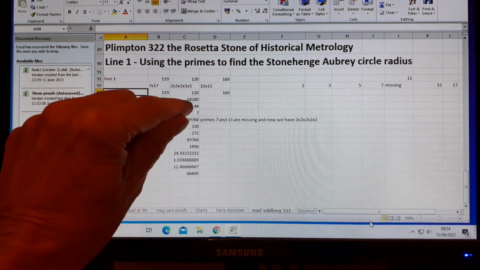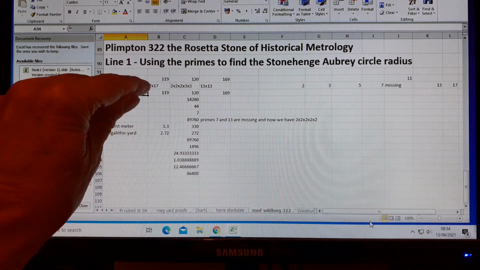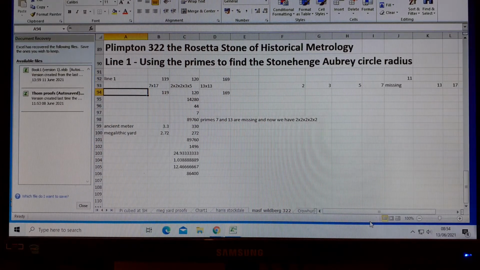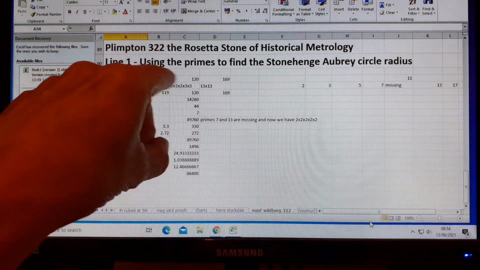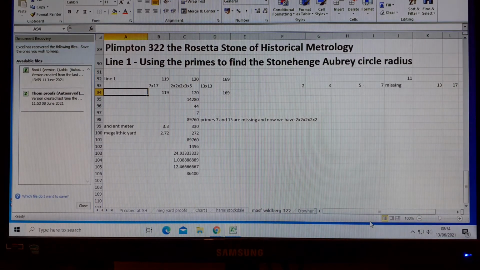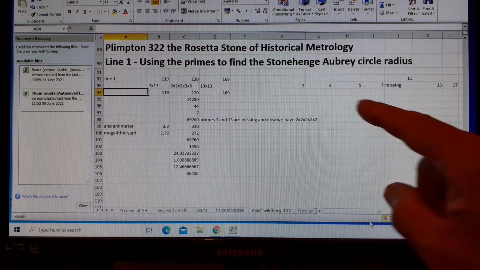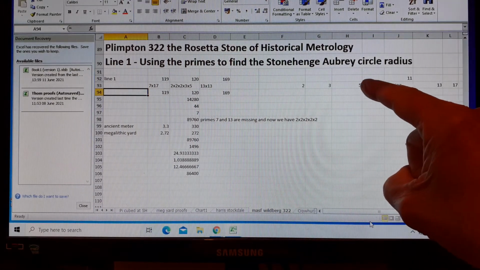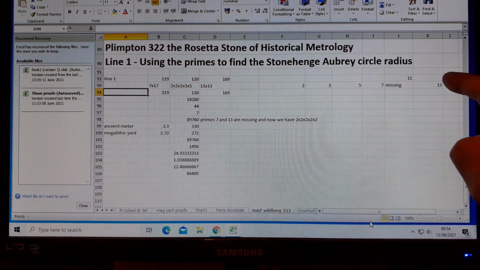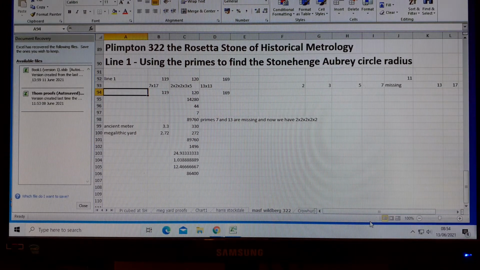And we're going to think about what's happening when we do this, because when we multiply this number by 44/7, we're getting rid of that prime number there. Number 7 is gone. And prime 13 is not included in the analysis because we're only multiplying these two numbers together. So when the Aubrey Circle is put together, we're getting these primes 2, 3, 5, 11 and 17, and 13 and 7 are missing, and they multiply out to be 91, which is a season in days, 7 times 13, and a year in days is 7 times 13 times 4.